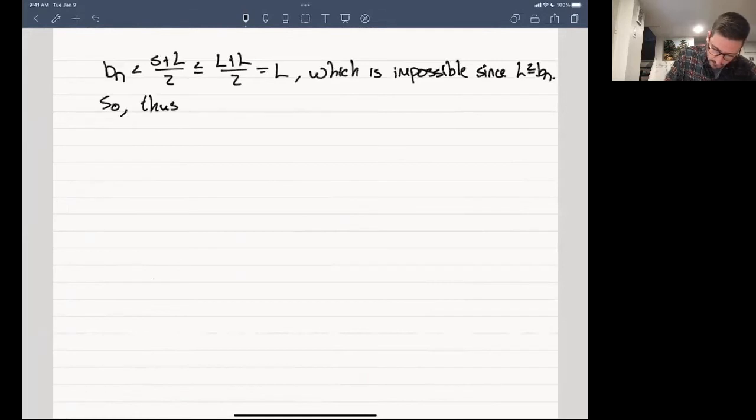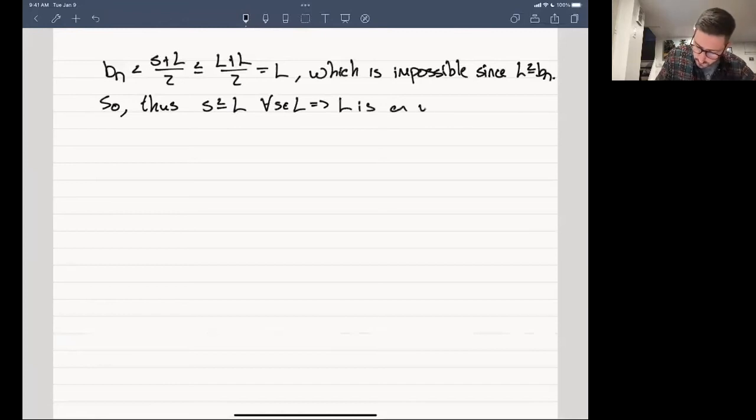Thus S is less than or equal to L for all S in L, which implies that L is an upper bound on S. Okay, so that one took a little bit of work, but we got it.